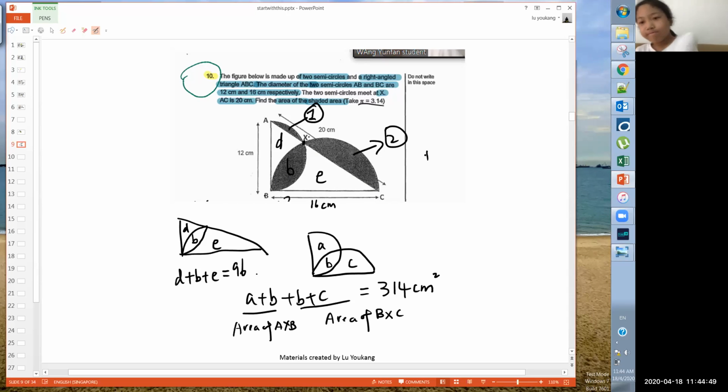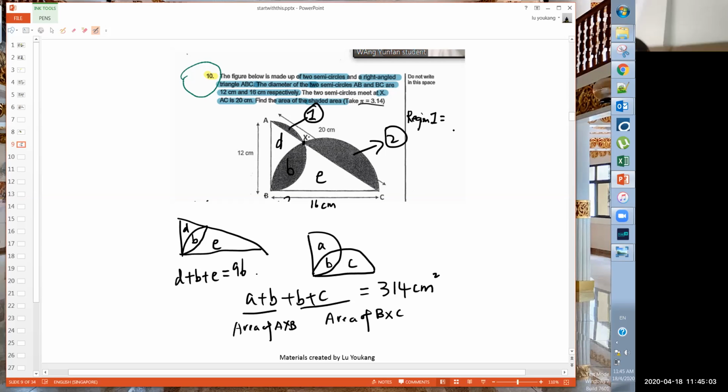Region 1 is equal to the area of AXB minus D minus B. So this is my D, this is my B. So my region 1, this small part, is this semicircle minus the D minus the B. Am I right?